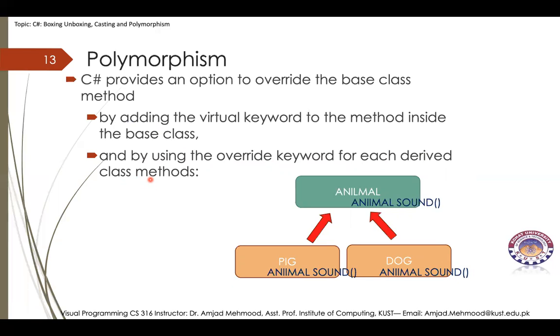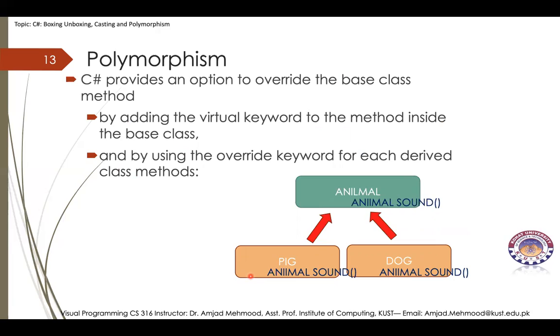You have to mention the virtual or abstract word in the base class, which is Animal in our case. So you have to mention an abstract or virtual method in the Animal class, and write the modifier override in the child class, then the overriding will be done.